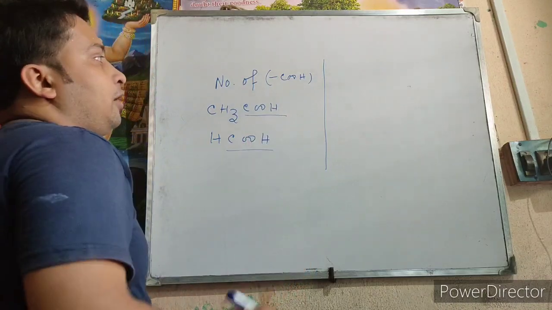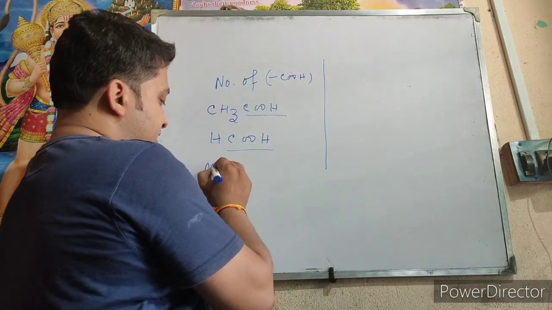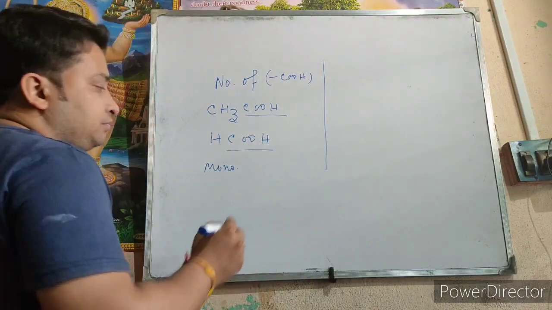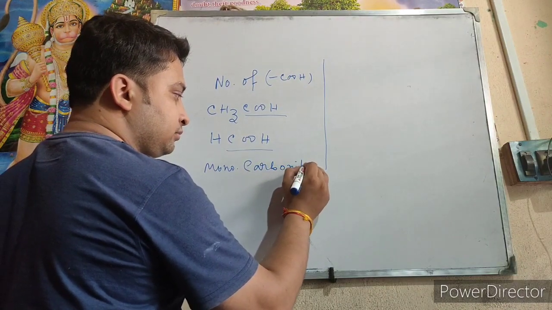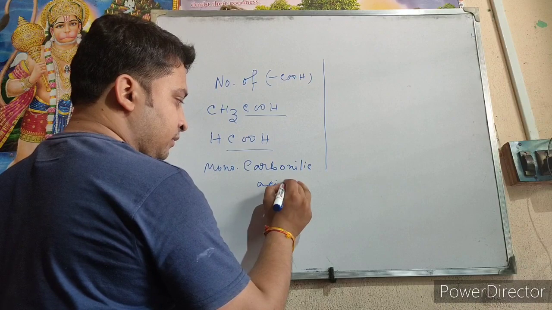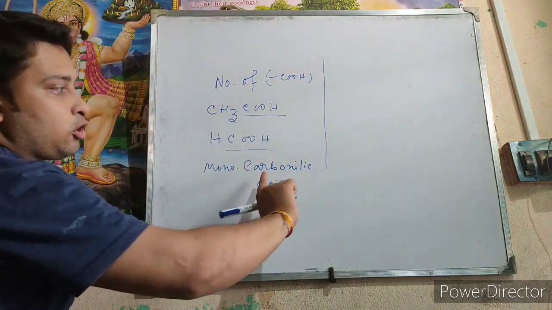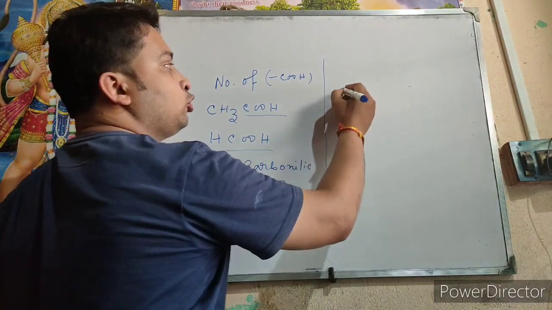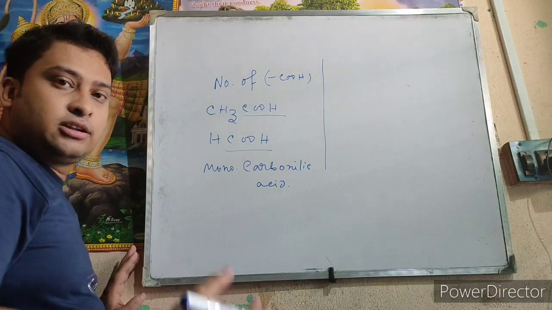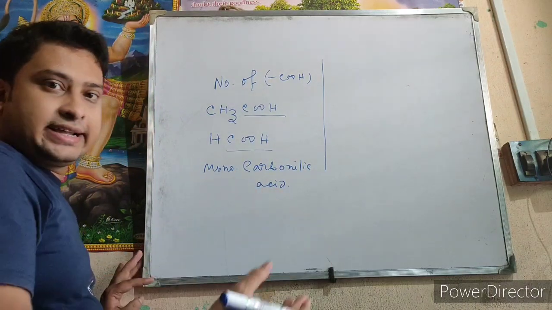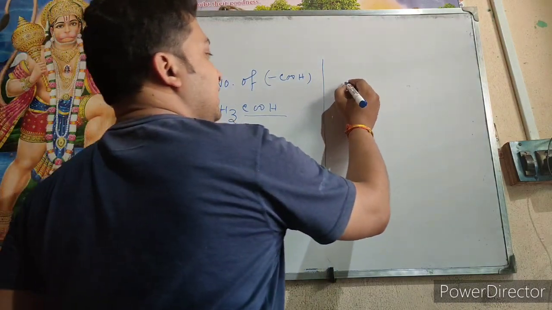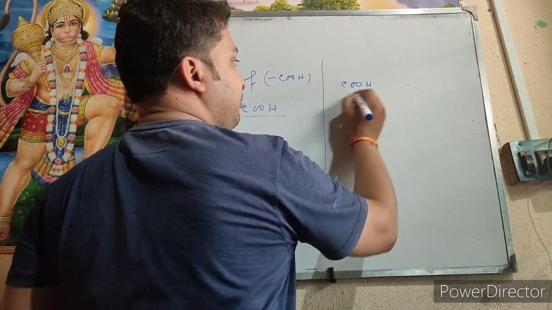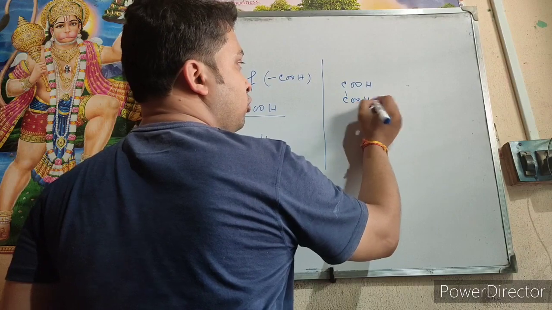If the number is 2, that may be succinic acid, oxalic acid or tartaric acid, with the presence of COOH equal to 2.